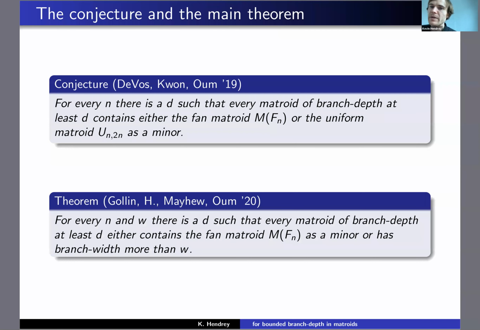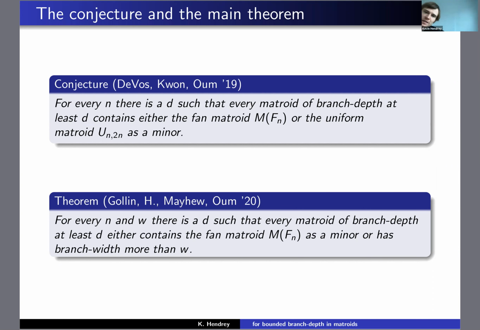Our main result that I'll talk about today is a step towards this. What we were able to show is that for every n and w, there's some d, such that every matroid of branch depth at least d either contains a fan-matroid as a minor or has large branch width.